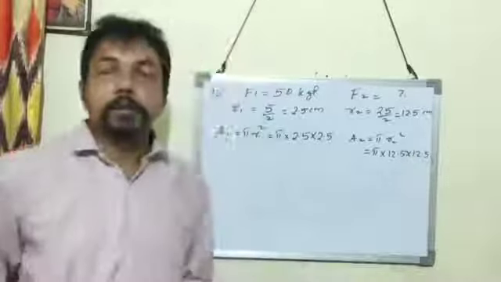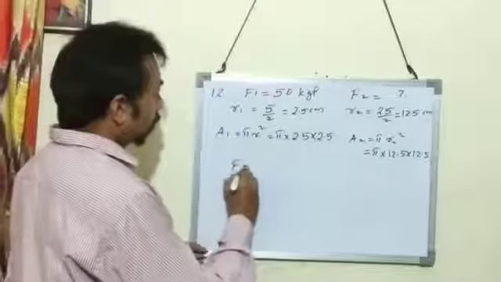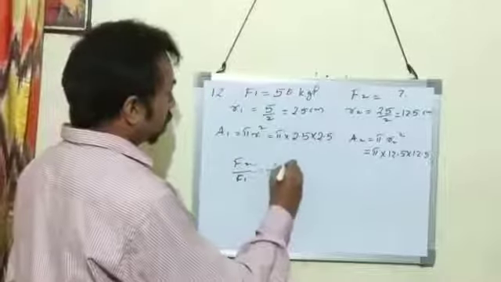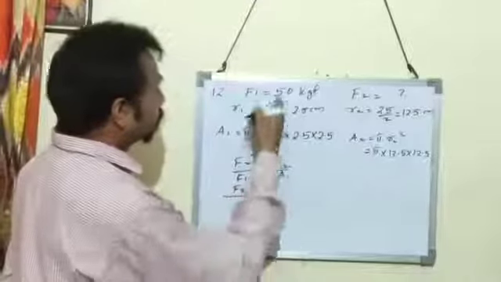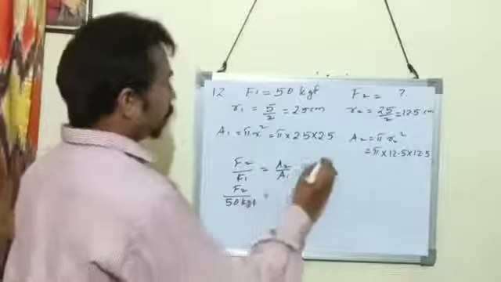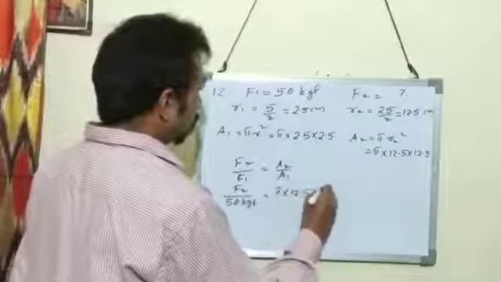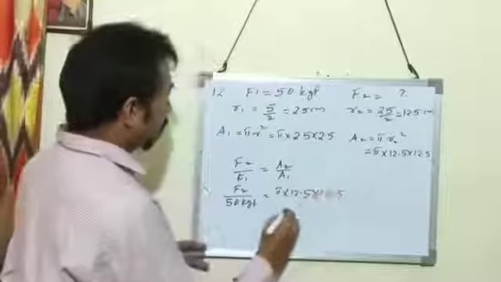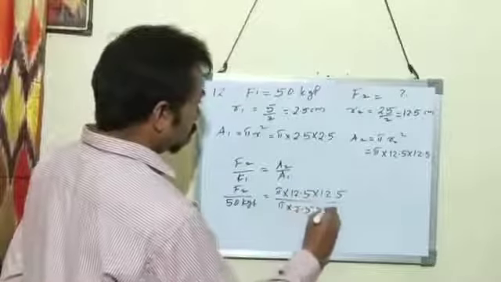Now we use the formula of hydraulic machine, that is F2 upon F1 is equal to A2 upon A1. Substituting, F2 by F1, F1 is 50 kgf, equal to A2 is pi into 12.5 into 12.5 and A1 is pi into 2.5 into 2.5.